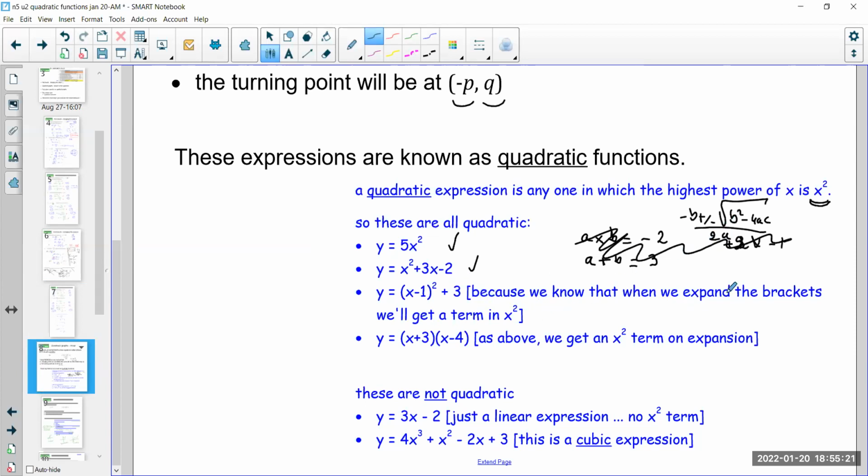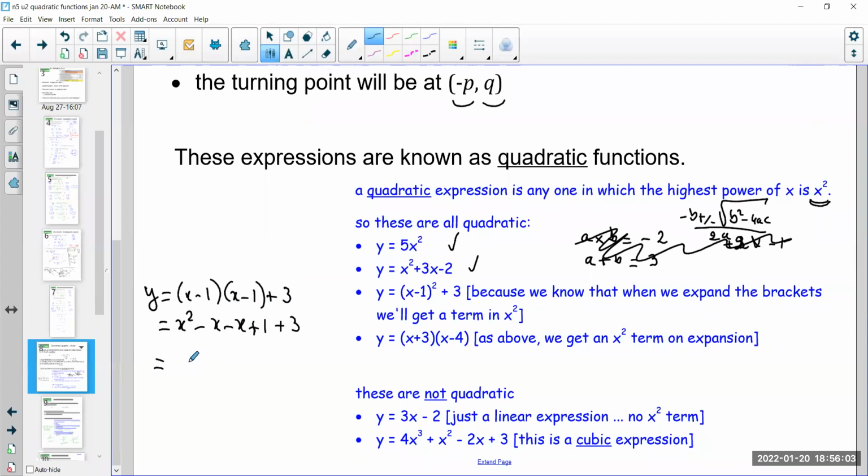Because we know that when we expand the brackets, we'll get a term in x squared, that is again a quadratic expression. If you do x minus 1 squared plus 3, so x minus 1 times x minus 1 plus 3, and expand that, you get x times x, which is x squared, minus x, then minus x, negative 1 times negative 1 is positive 1, plus 3.